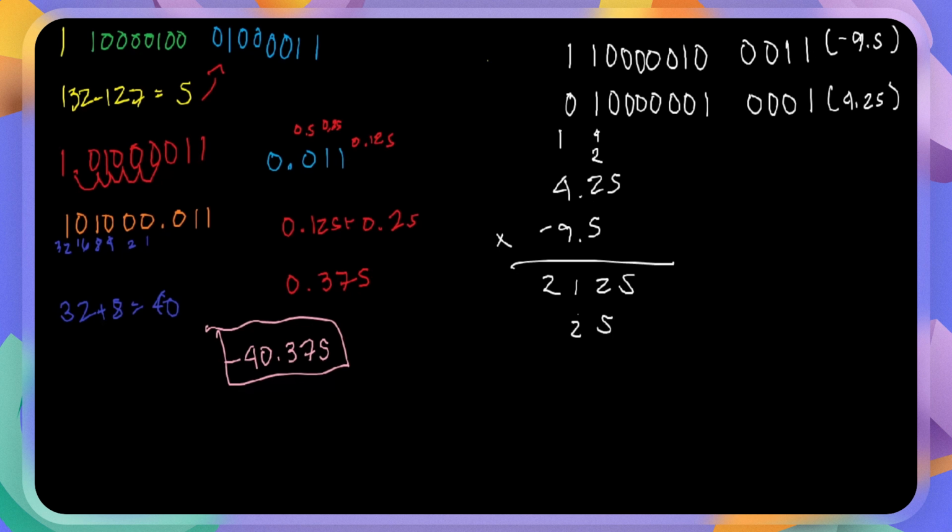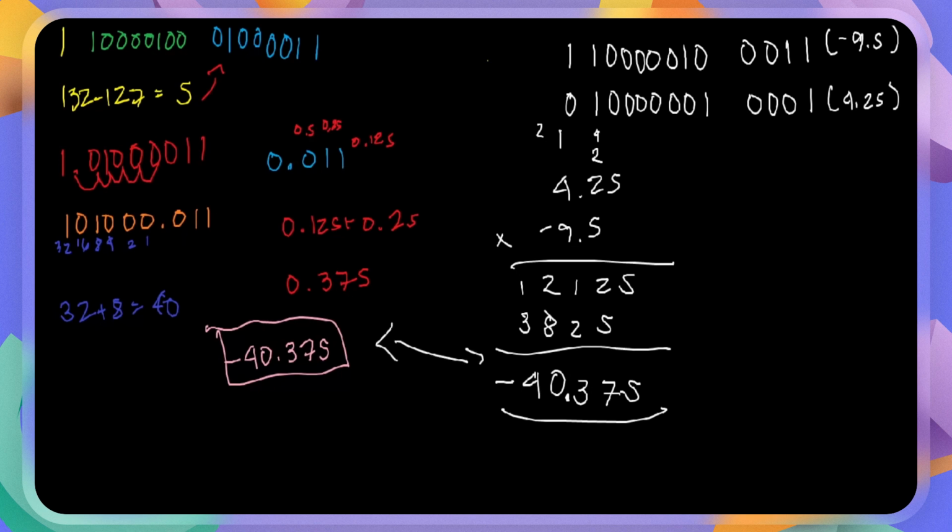And that's 22. And that's 38. Bring that down, add that. Add 4. Remember, that's negative, so add a negative symbol. And then we count the number of decimals here. So that's 1, 2, 3. 1, 2, 3. That's where we'll put our decimal point. And as you can see, they are the same answer. Very nice.